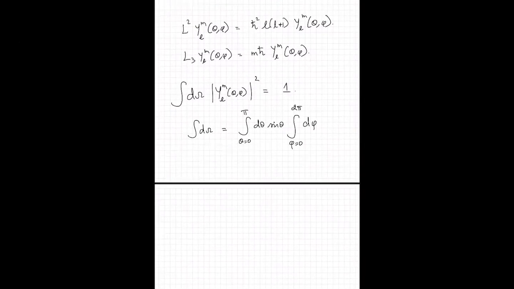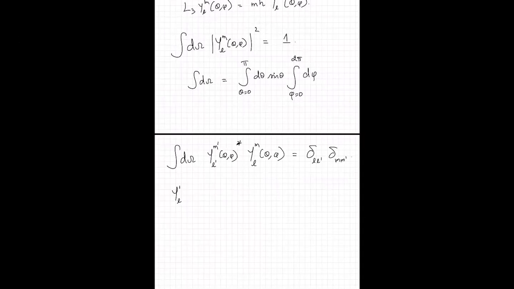Okay. And the YLMs are also orthogonal in L and M, which means if I integrate YL prime M prime star times YLM theta phi, I will get a delta function in LL prime and a delta function in MM prime.